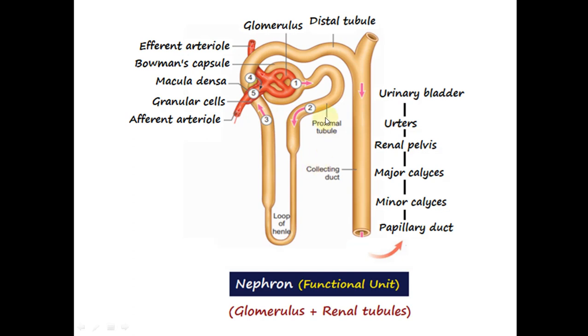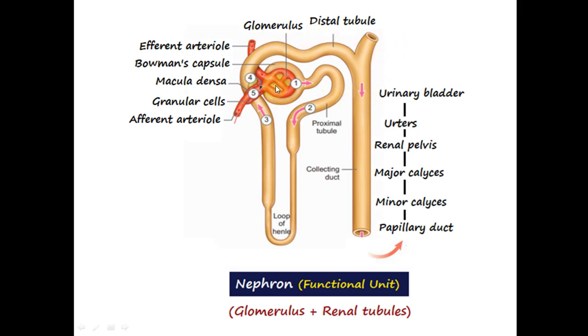Now, the functional unit of the kidney is the nephron, and the nephron consists of the glomerulus, which is the capillary tuft where blood filtration starts, and it also contains the tubules. For example, the proximal convoluted tubule, the loop of Henle, and the distal convoluted tubules and collecting ducts.